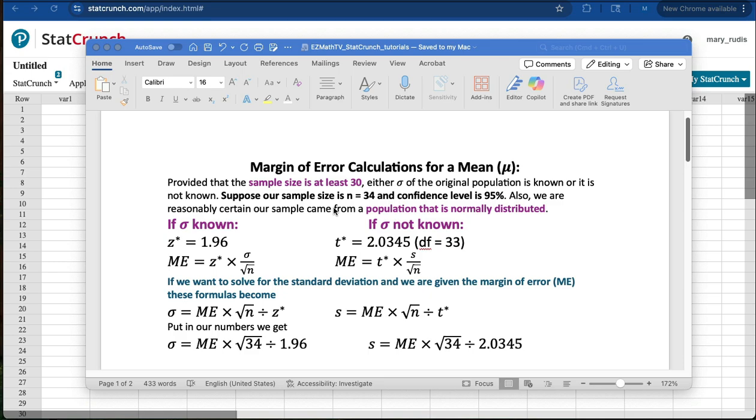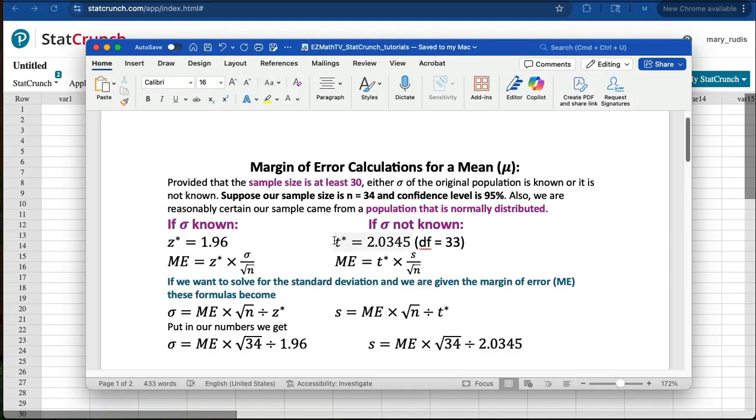As a general rule, you're going to be relying on the T distribution a lot more for inference on a mean because you can't always make assumptions on the population unless you actually know things about the population or if your sample size is sufficiently large.